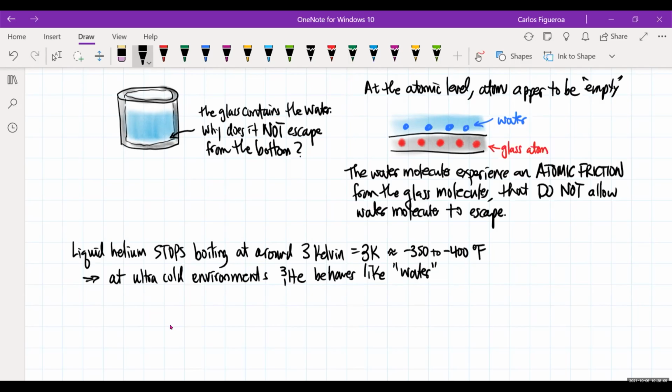It's clear like water. You can pour it into glasses. No problem at all. And what you find here is that one can pour liquid helium-3 into a glass, like water in a glass.